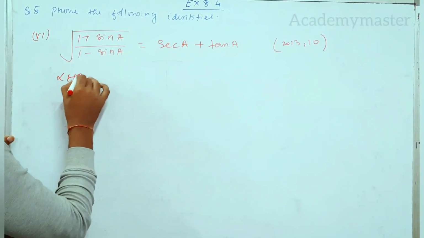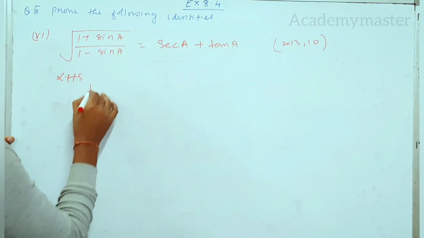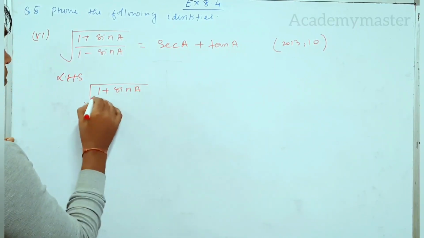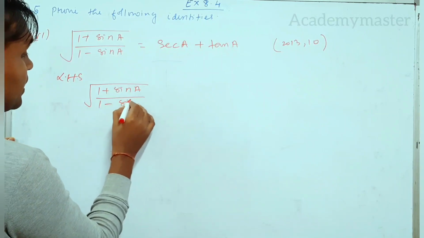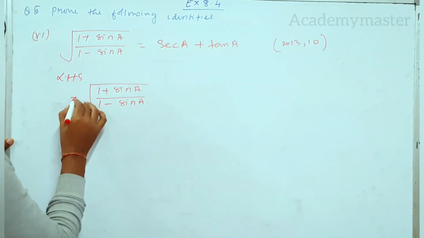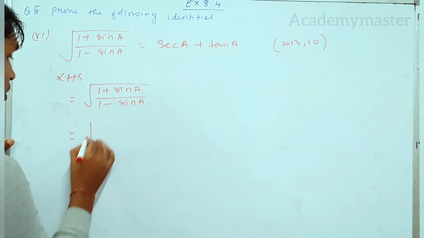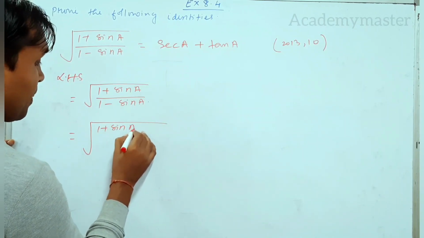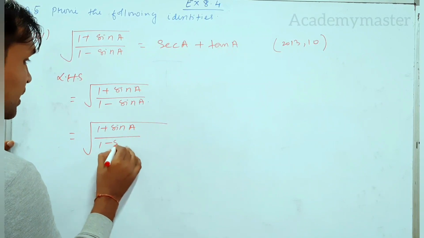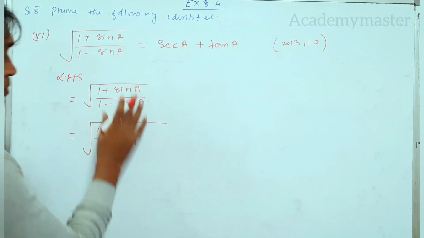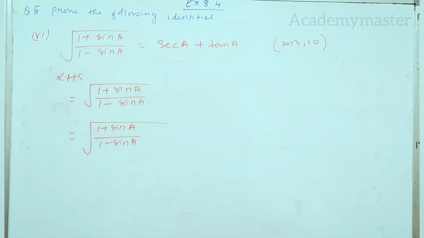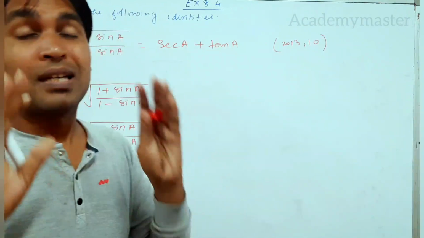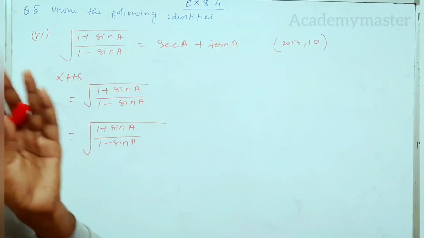So as I told you, LHS we will take. So LHS is root over 1 plus sine A by 1 minus sine A. In questions like this, if you get cos in place of sine, don't get confused, don't worry.